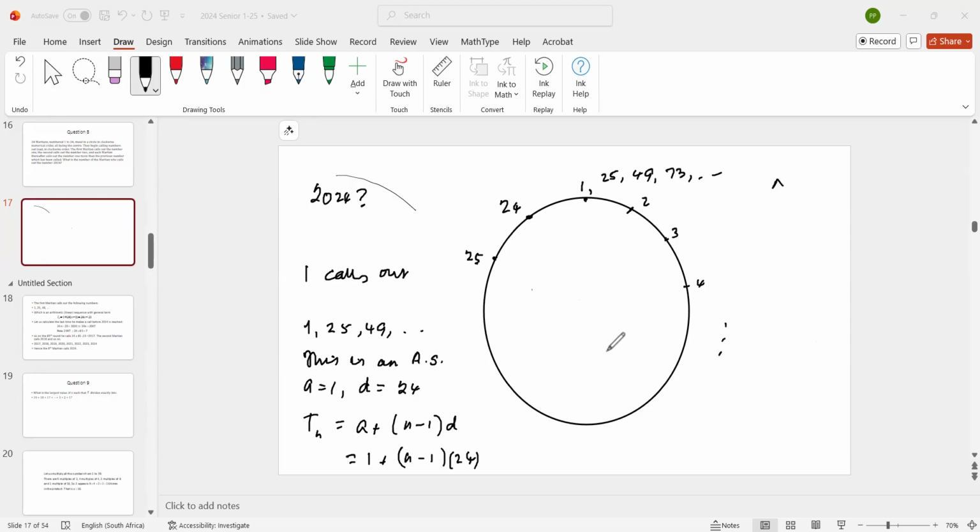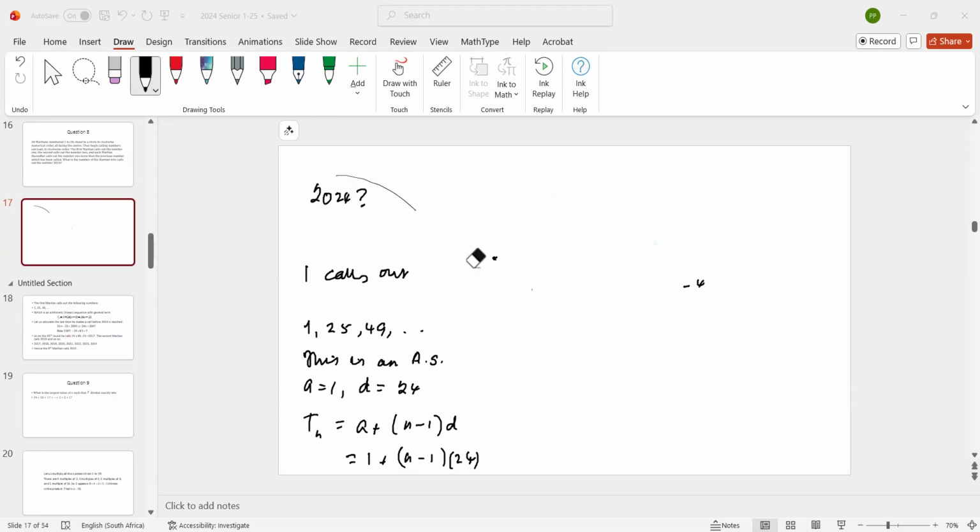Now when you simplify this, the nth term is 24n minus 24, and then that is 24n minus 23. Right, 1 minus 24 is minus 23.